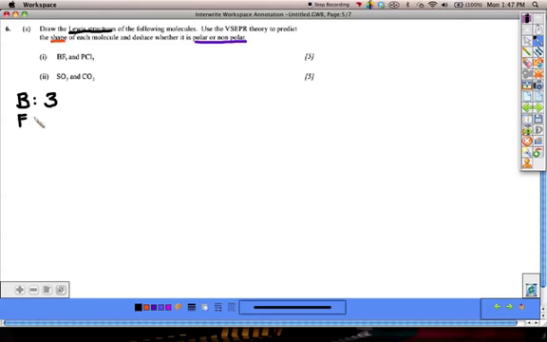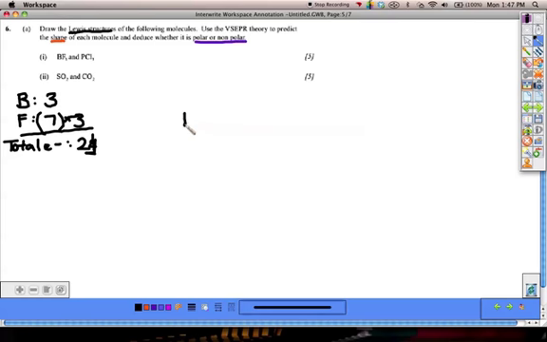Fluorine has 7 total, and there's 3 of the fluorine, so we're going to have 7 times 3, and at the end I'm going to want to do a check for the total number of electrons, which is going to be 7 times 3, that's 21, plus 3, 21 plus 3 is 24. So in the end, I want to make sure that I have 24 electrons.